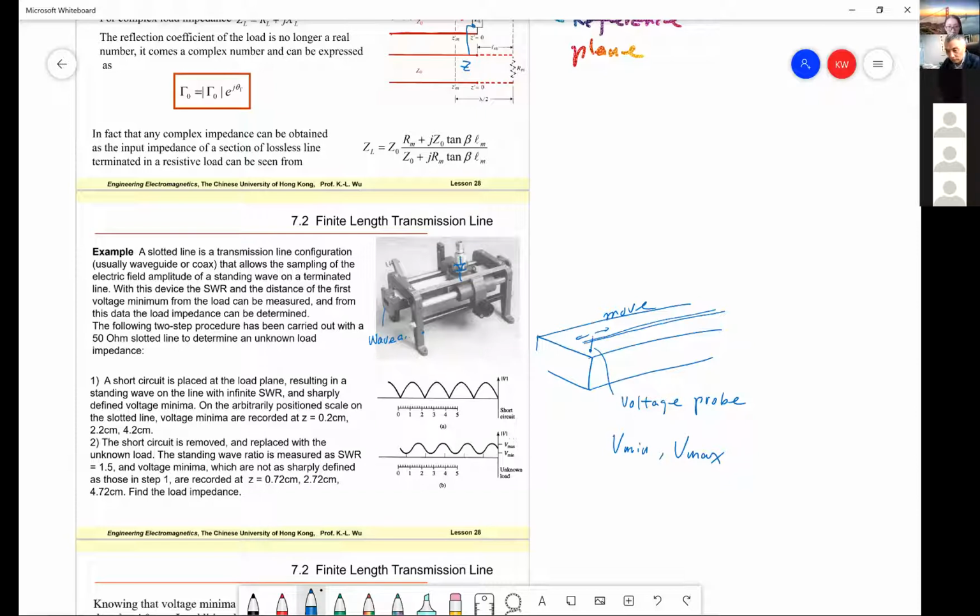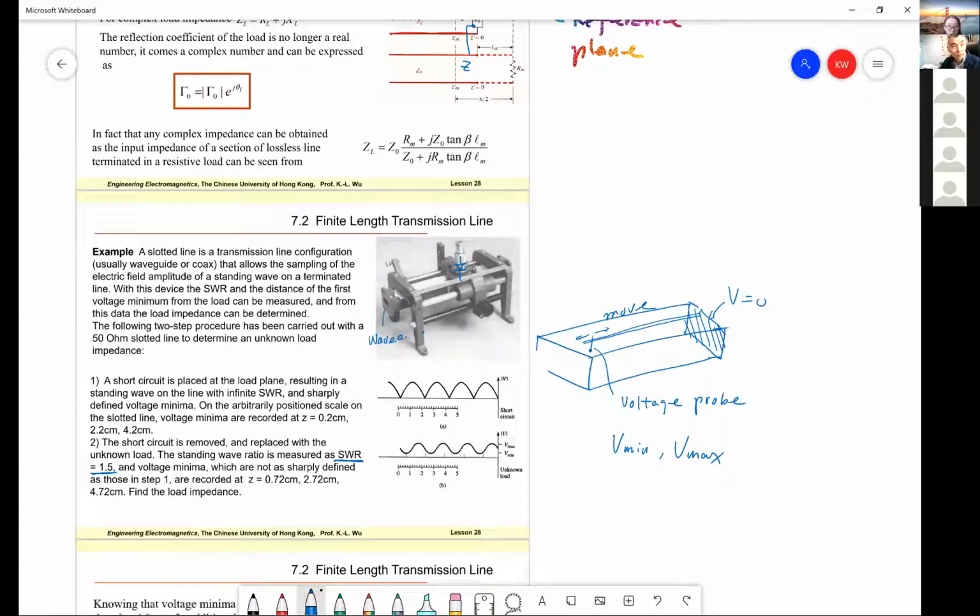Now let's see what our problem is. We measure the voltage. We can measure that the standing wave ratio is 1.5. This is one known. We also know, first of all, we short circuit. That means the voltage equals 0 at this point.